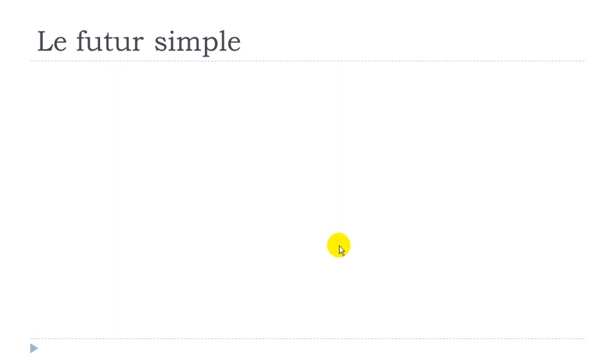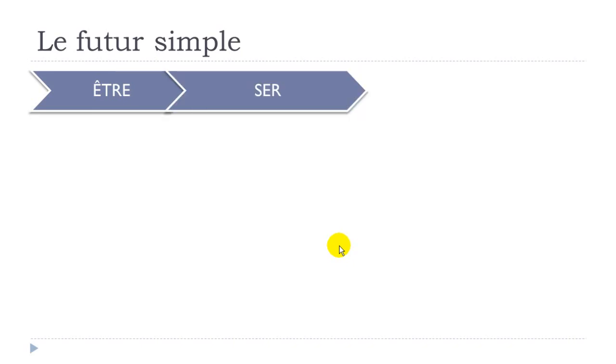All right? So, of course, we've got some exceptions, as I said. The first one is être. Être will become ser. So the important thing with the futur simple is that the verb stem will change, but the endings will be the same.